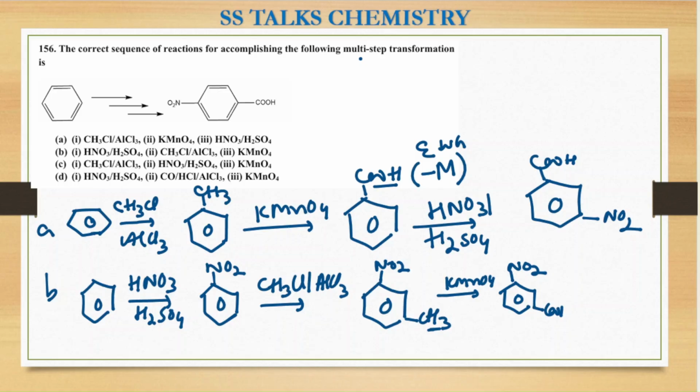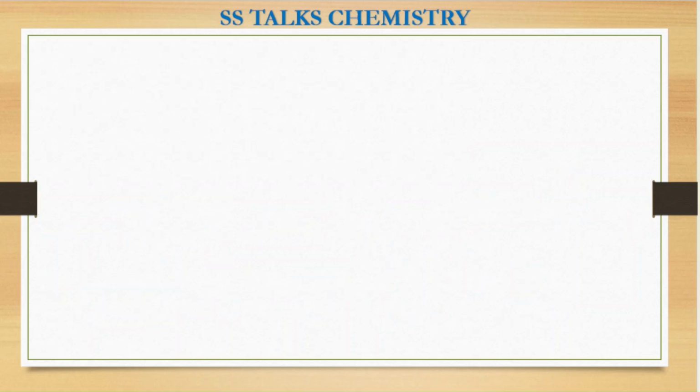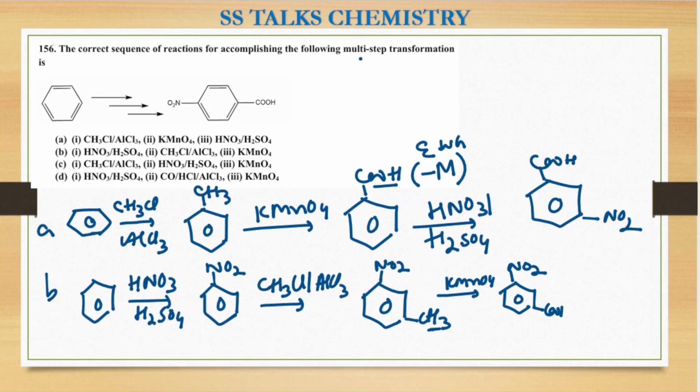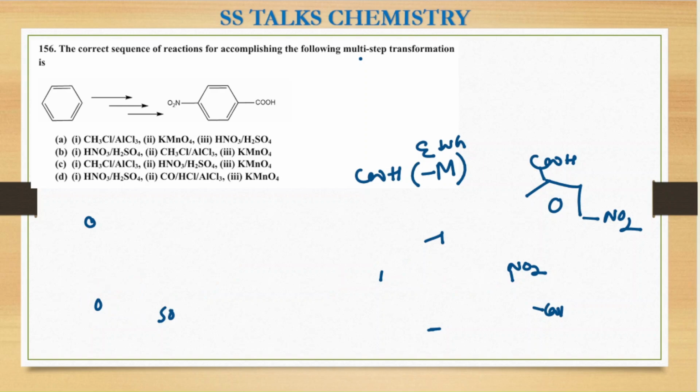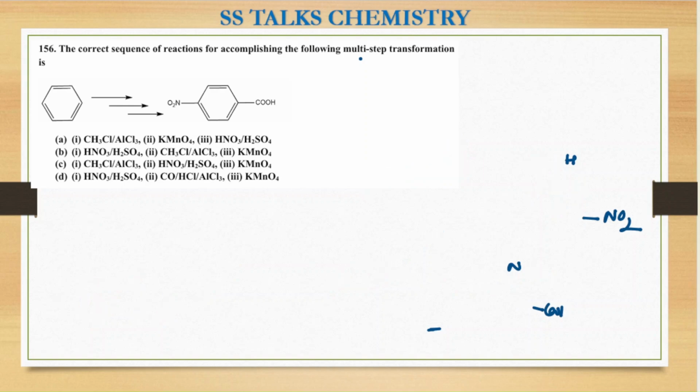Let us see part number C, the option C that it is saying. Just a second. So now let us see option C. In option C, it is saying that benzene has first been treated with CH3Cl.